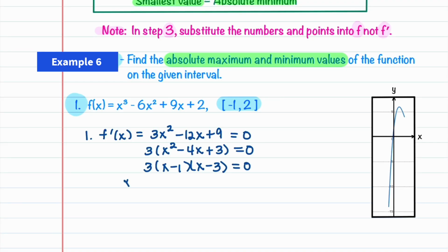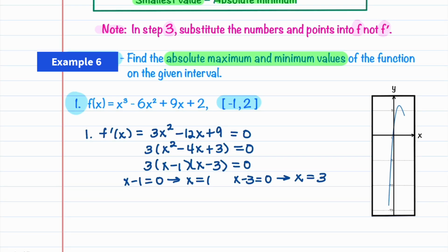We set x minus 1 equal to 0, and we get x is equal to 1, and then we set x minus 3 equal to 0, and we get x is equal to 3. X is equal to 1 and x is equal to 3 are critical numbers.